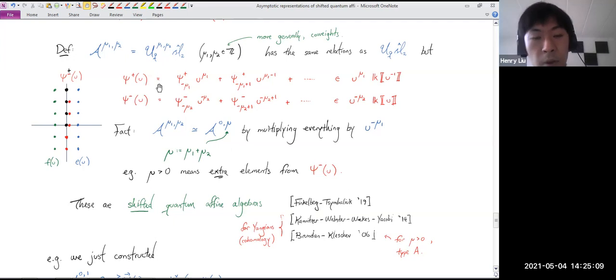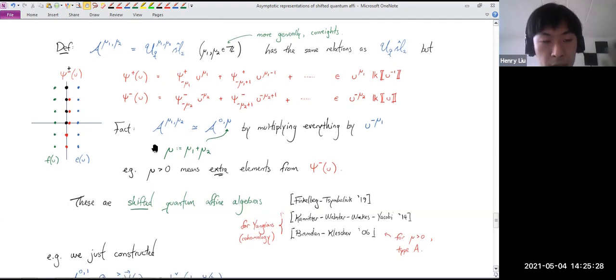You could pick your favorite convention for this, but it seems like in the literature, people like to shift it so that psi plus has no shift and psi minus has a shift by mu. And mu here is the same as mu1 plus mu2. So from now on, that's the picture we'll keep in mind. Psi plus, these black dots, start at the constant term.